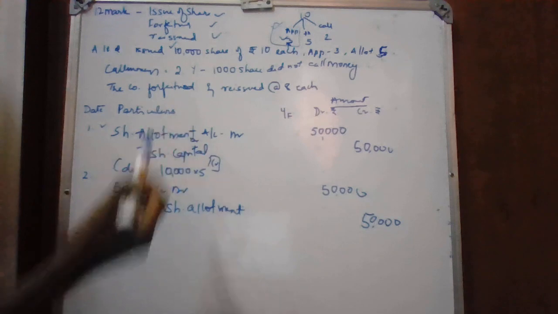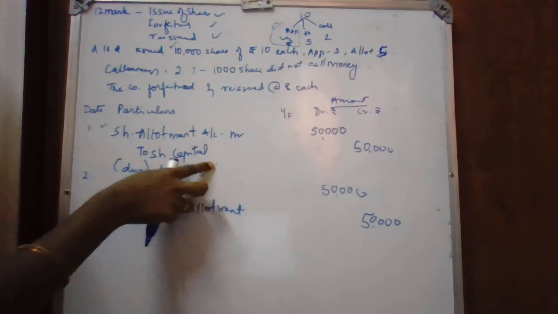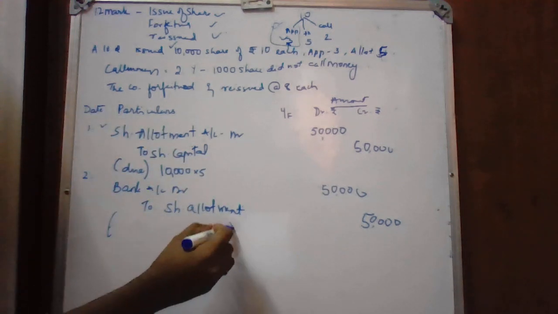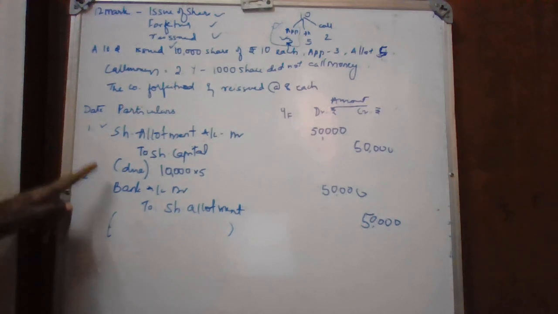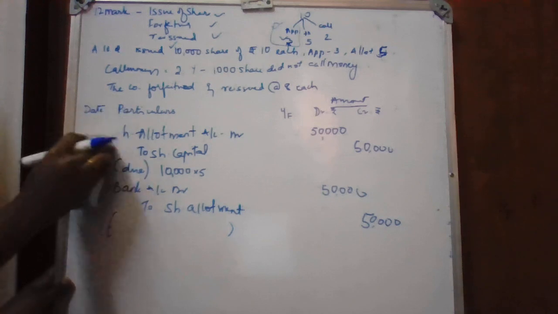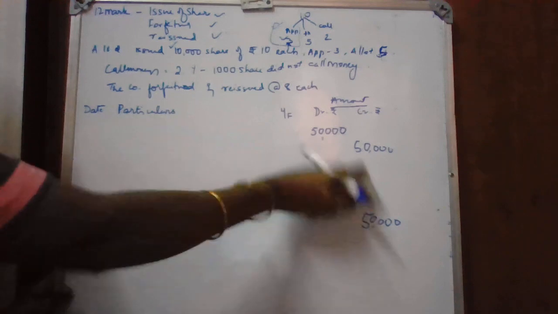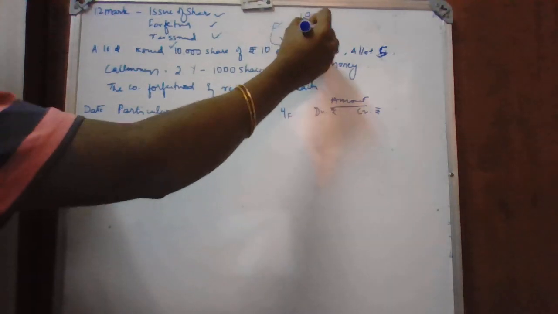Discount will be debited because it is an expense. There is none here. So the narration will be: being share allotment money received on 10,000 shares. Due, received. Allotment stage is completely done.